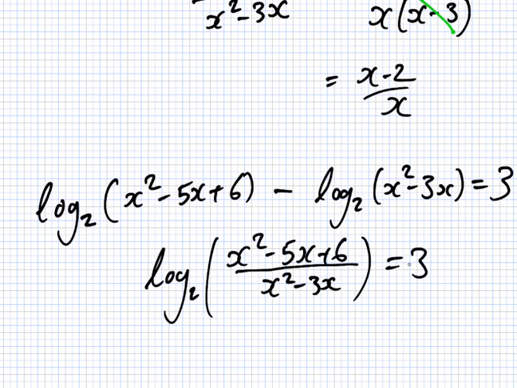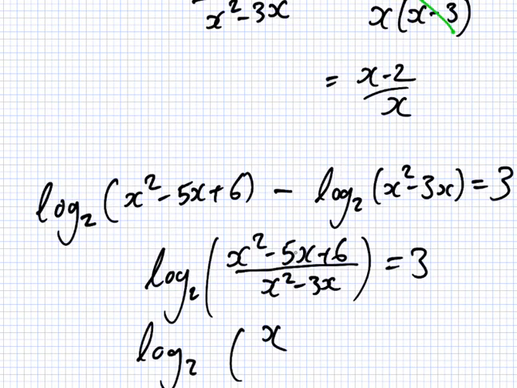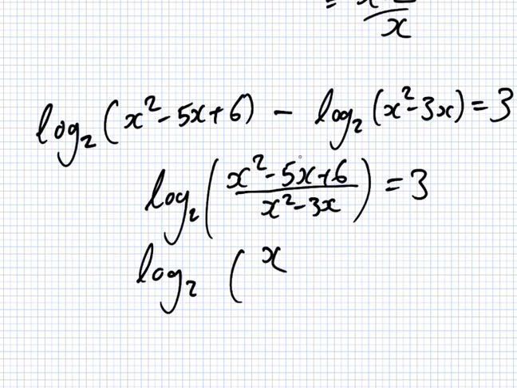Now, how do you think I can use the result from the first part here? Isn't that the same thing we had at the start of the question? Yes. So we know we can simplify it into x minus 2 over x.